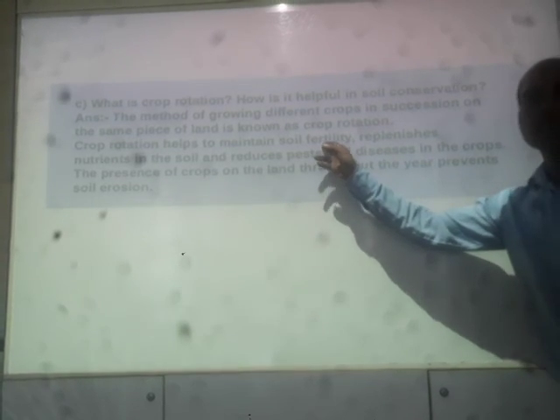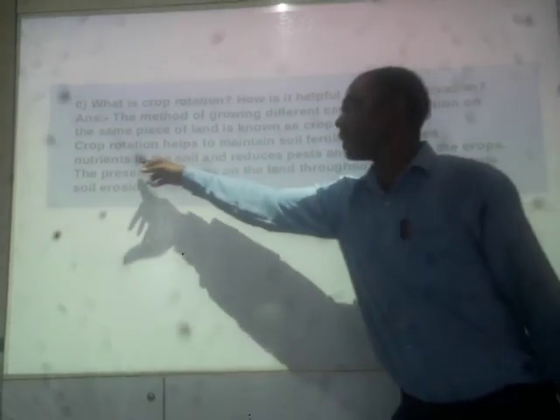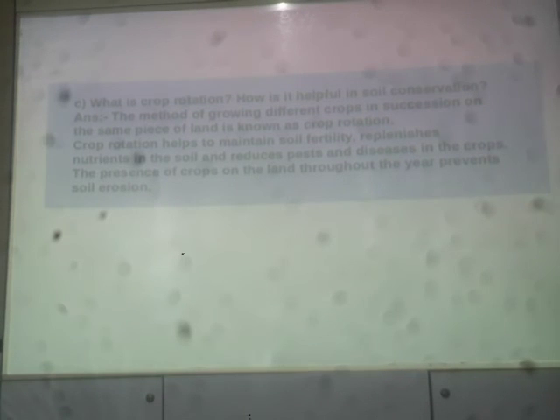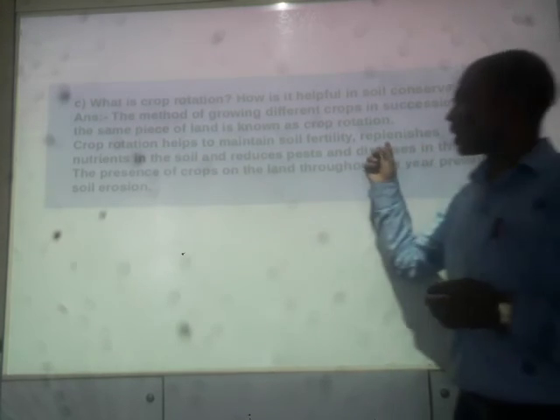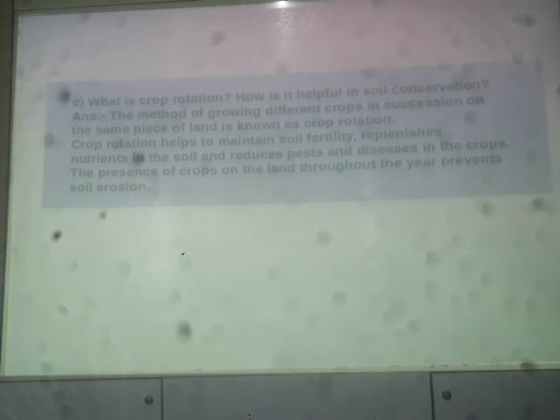It maintains the soil fertility and replenishes the nutrients in the soil. What is the meaning of replenish? It means again growing, again gathering up of nutrients, again collecting the nutrients in the soil, a fulfillment of it.